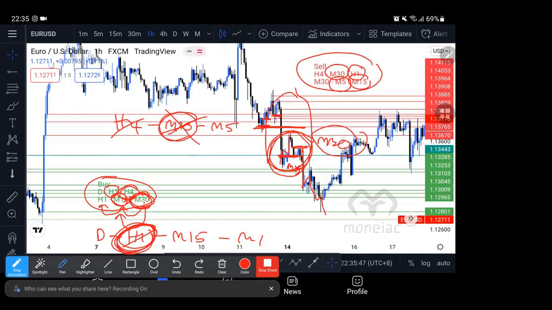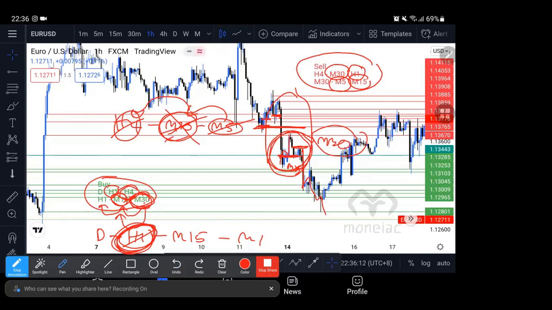What I want to tell you is that the market will flow from lower time frame to higher. So this one needs to break first, and then this one. After this one, this one. The same goes for the opposite bias.